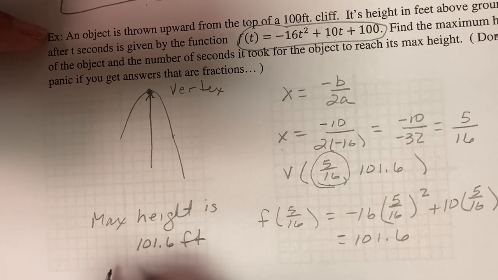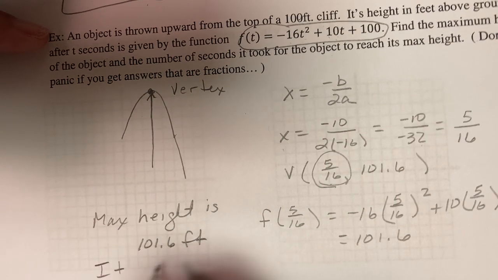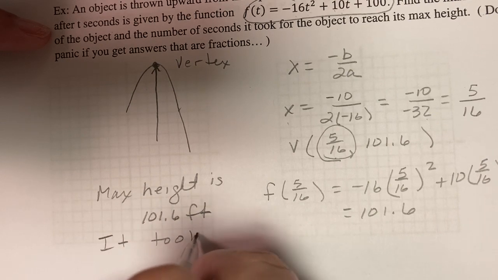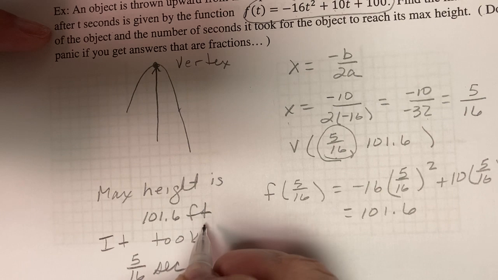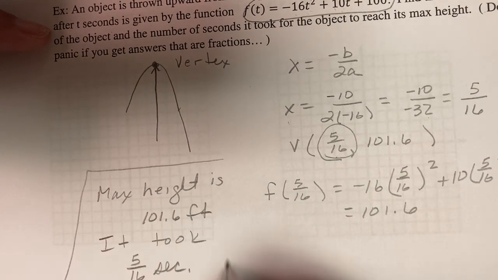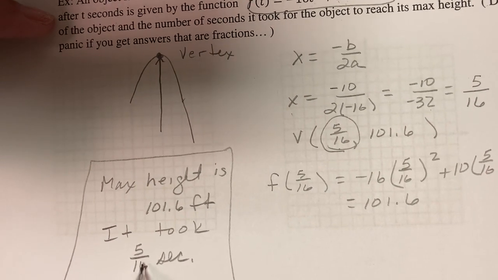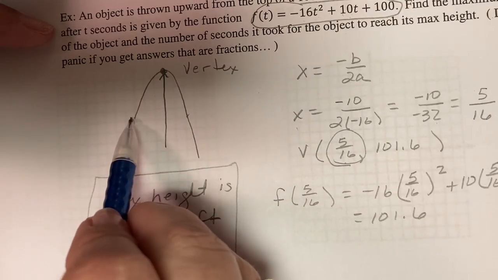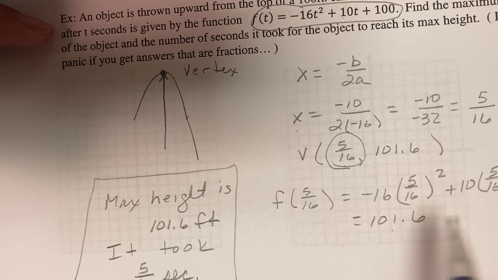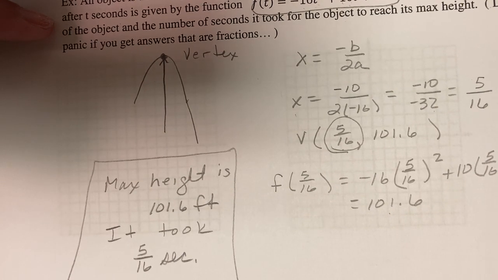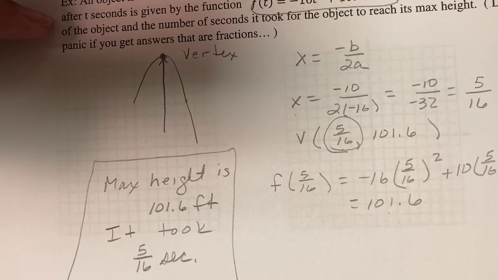So it took 5/16 of a second to get to that maximum height, which makes sense. That's not very long, is it? But don't forget, it started at 100 feet. And if its maximum point is just a little over 101 feet, it's not going to take very long to get there. So there are your notes for 11.6.